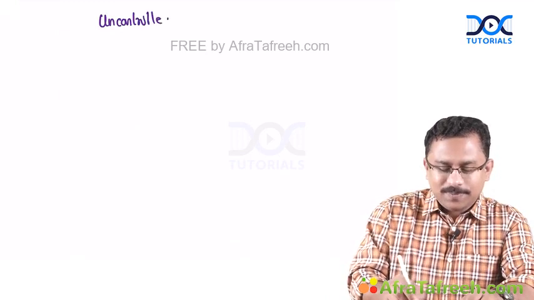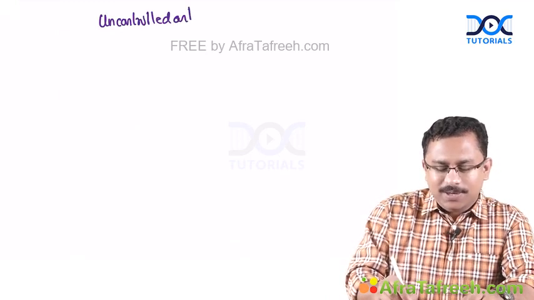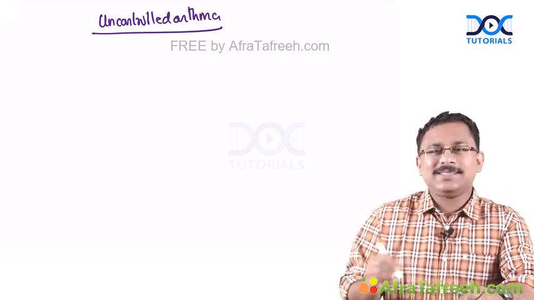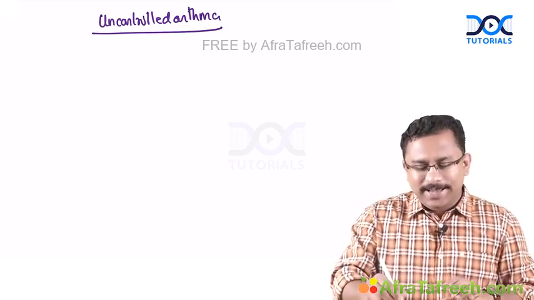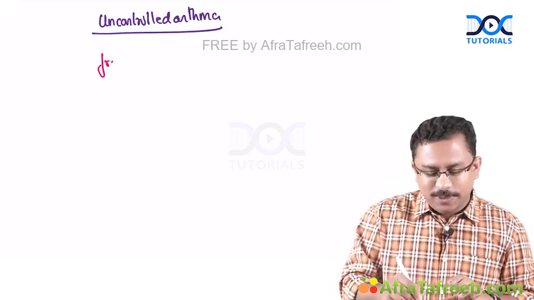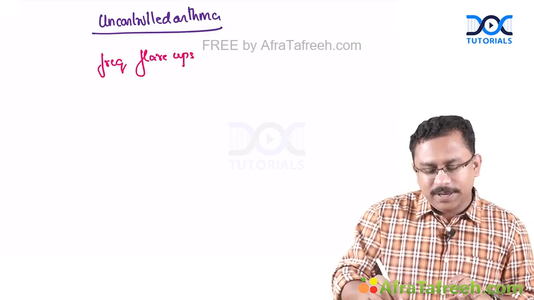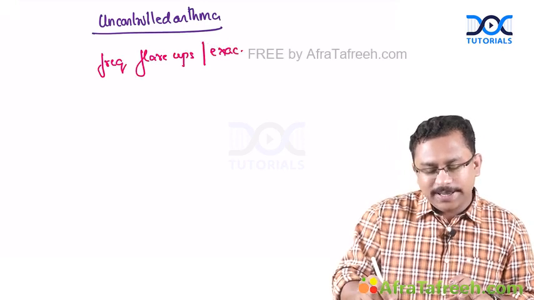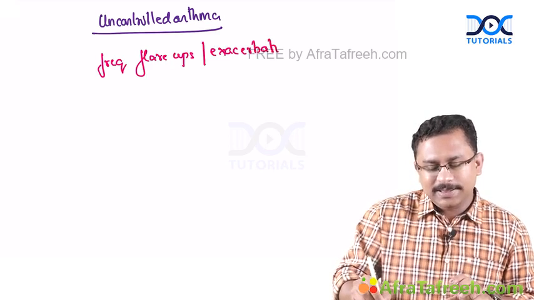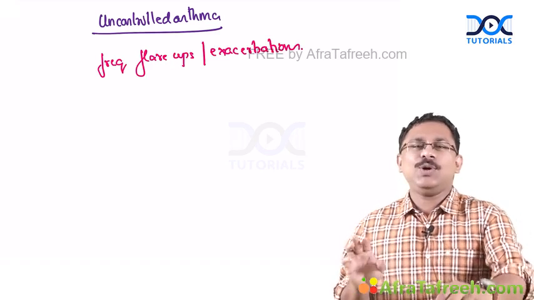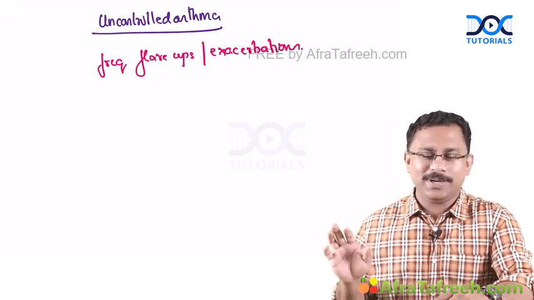Now, when you say uncontrolled asthma, it means an individual is having frequent flare-ups or exacerbations. That is when you say an individual is having uncontrolled asthma.